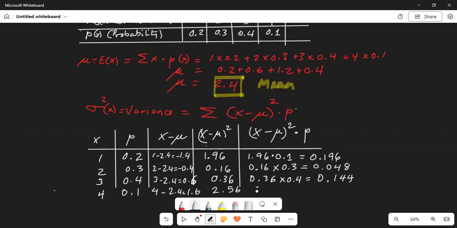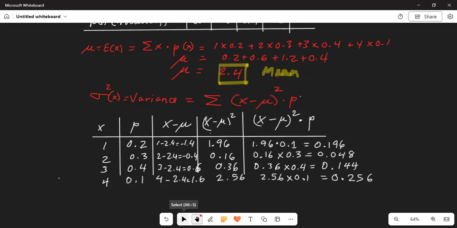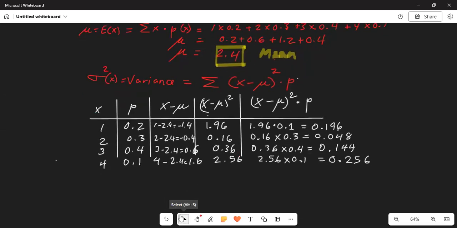And multiply 2.56 with the corresponding probability of 0.1, which makes it 0.256. Now let me create some space. We are going to add the last column.